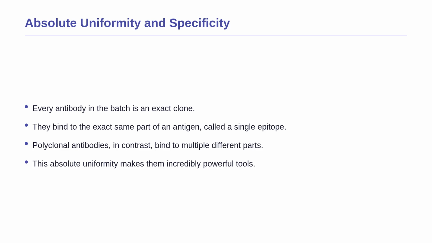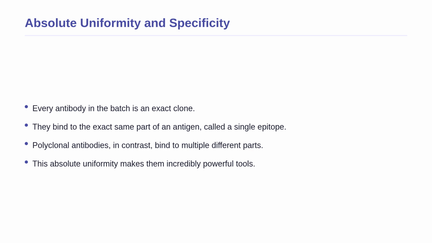Understanding how they are made leads us to their most important property: absolute uniformity. Because monoclonal antibodies are exact clones of one another, every single molecule in the batch binds to the exact same part of an antigen. This specific binding site is known as a single epitope.